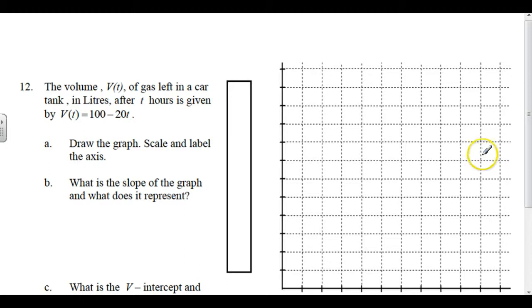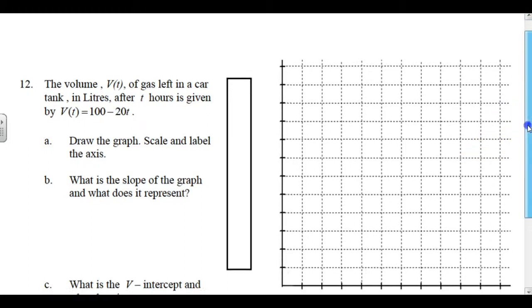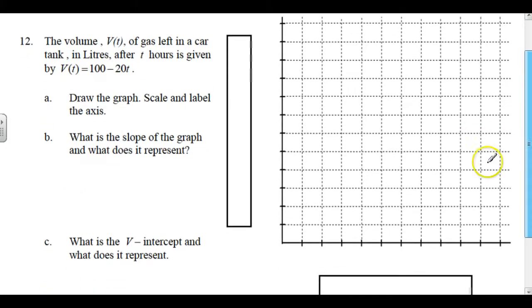The volume V of t of gas left in a car tank in liters after t hours. I'm trying to draw sideways here. Volume in liters, that's an L, and this is time in hours.